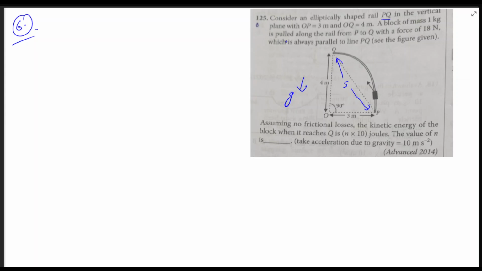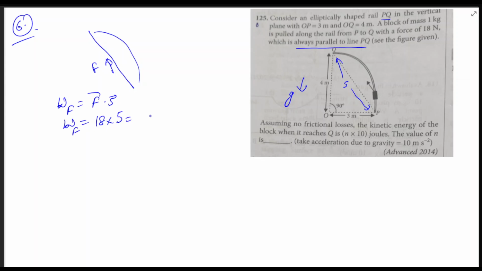The block of 1 kg is pulled along the rail PQ with a force of 18 Newton, which is always parallel to PQ. So we have this PQ and the block is moving like this, but force is always in this direction. So we can simplify: the work done by this force will be F into displacement. What is force? 18, and displacement is 5. So work done by this force will be how much? 90. Right, we can directly find this.